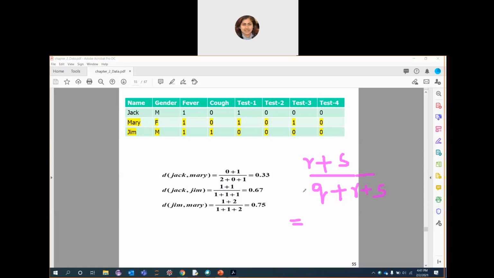So what is R here first? We are just going for the first one, Jack and Mary. Okay. So R is the number of attributes that is equal to 1 for object I, that is Jack, but 0 for other object J, that is Mary.